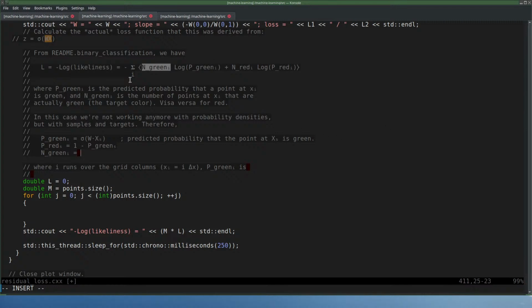So this is now the number of points at that distance. Well, we have only one. And it's only green when it is green, which means that it's T, right? TS. Might as well call it TS then.